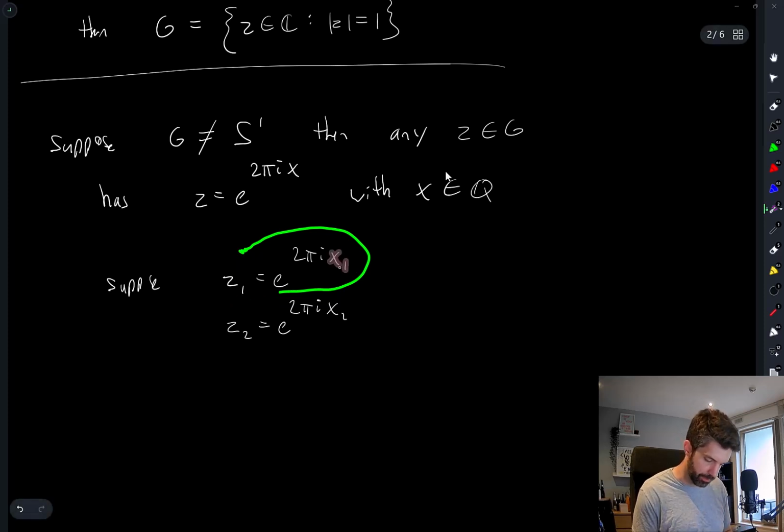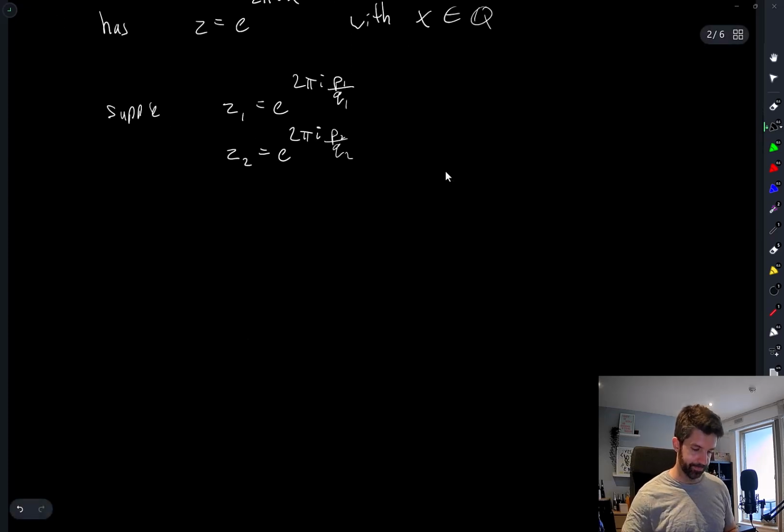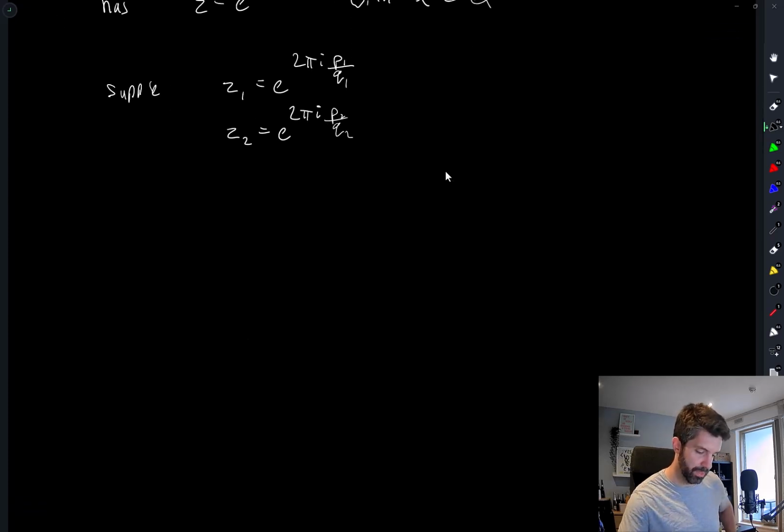In fact, let me write these as rationals, p1 over q1 and p2 over q2, with, of course, p1 q1 relatively prime, p2 q2 relatively prime.